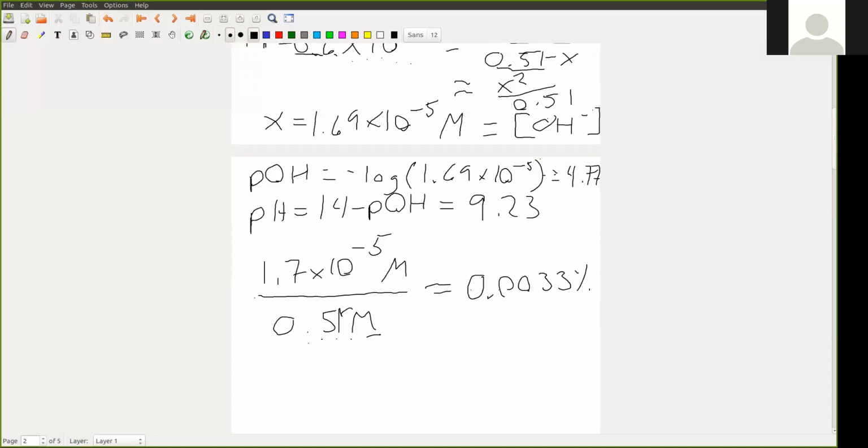And once we'd calculated X, we knew that also equaled the concentration of the hydroxide ion. We calculated pOH, and then used that to calculate pH, and that gave us a pH of 9.23. And we also calculated the percent hydrolysis from the concentration of hydroxide by relating it to the original concentration of the acetate ion. And that gave us a percent of 0.0033%.